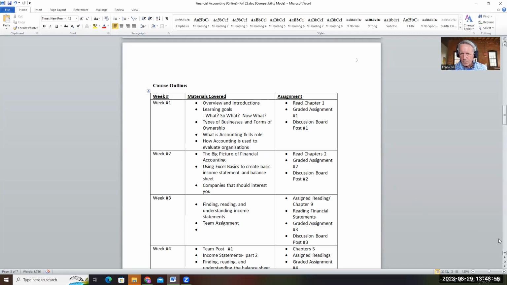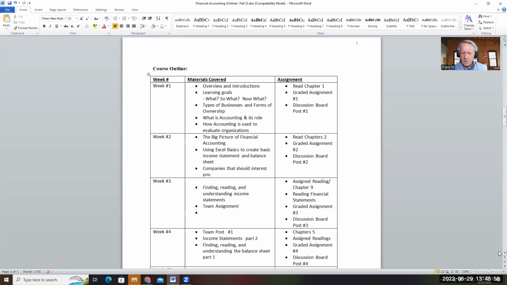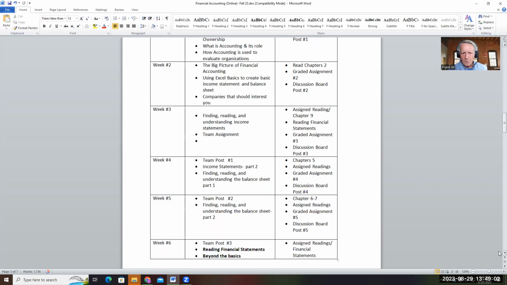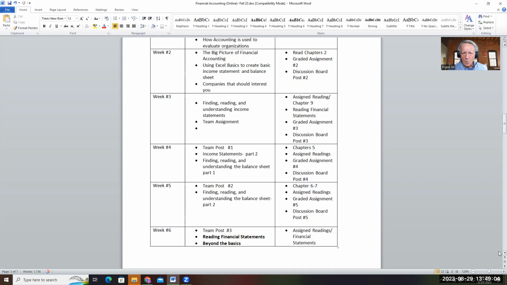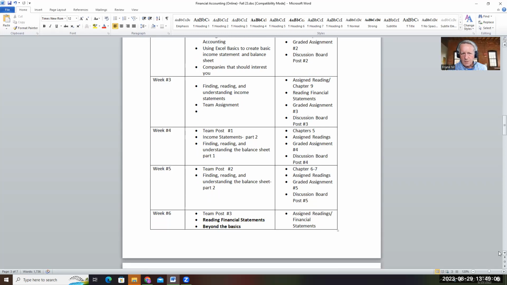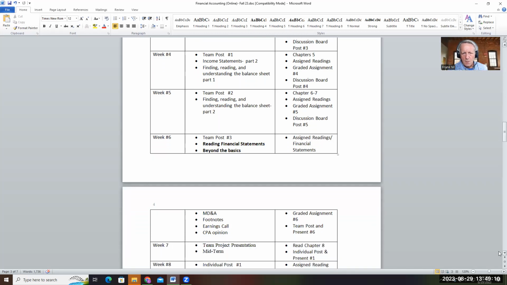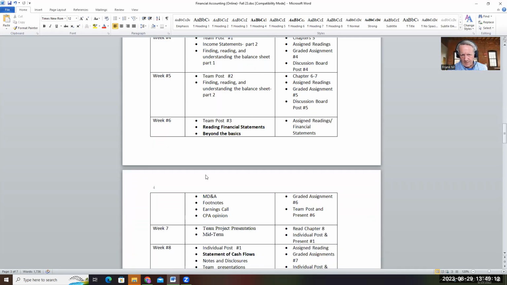And then you'll have a chance to post that. And if your team gets stuck, or you get stuck personally, that's what I'm here for, to help you. Then we'll go on to the balance sheet and the statement of cash flows. And then we'll look at some other things related to the financials, like the management discussion and analysis and the CPA opinion, but we'll worry about that later.